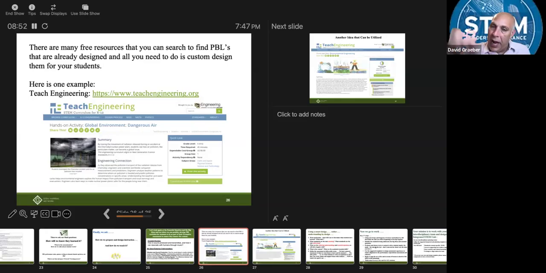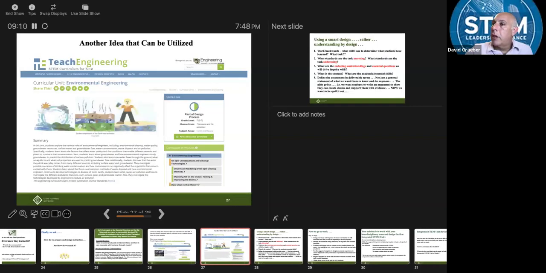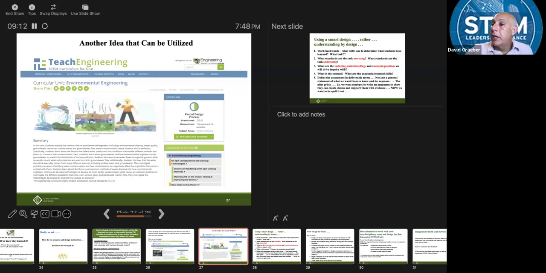Using the phenomena and the project-based learning methodology is a really good organizing principle for designing an interdisciplinary or transdisciplinary unit of study. This is another great idea that you can use. There are so many resources out there to help you.